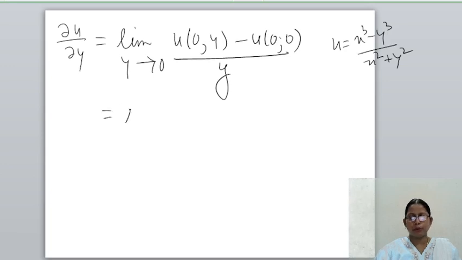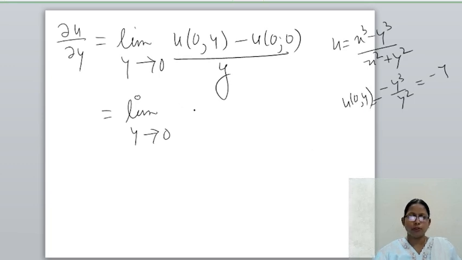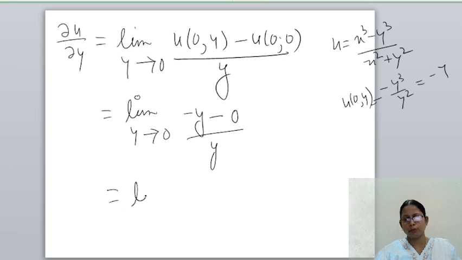When I put x equal to 0, u(0, y) will be minus y cube by y square, so this is minus y. Put this value here: it will be minus y, u(0, 0) will be 0, divided by y. This gives the limit y tends to 0 of minus 1, and this is equal to minus 1.